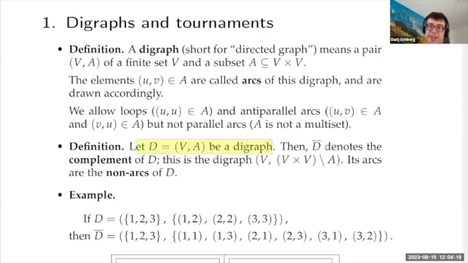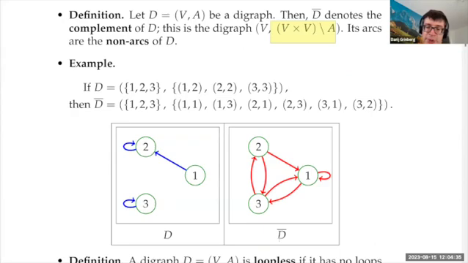Every digraph has a complement, which I call D bar. That is just the digraph with the same vertices, but with all the arcs removed and all the non-arcs added as arcs. So what was an arc is no longer an arc, but what was not an arc is now an arc. Here is an example. Here is D, a typical digraph on three vertices, and here is its complement D bar.